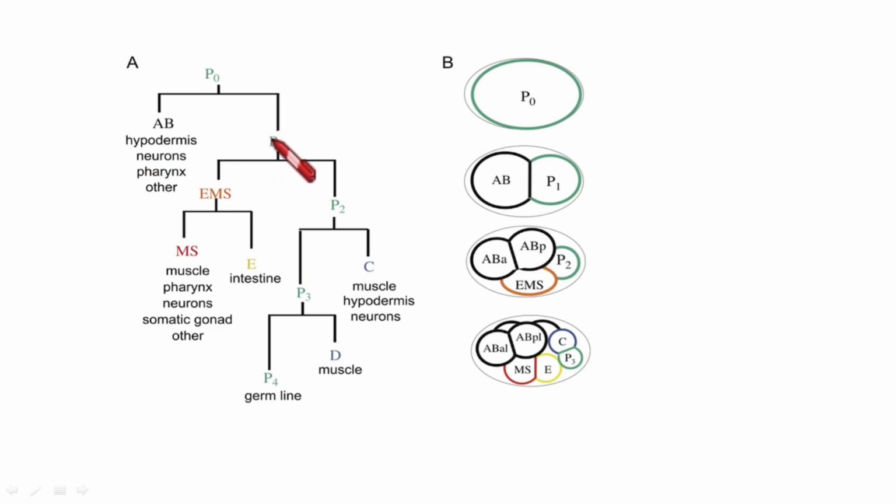This stem cell again divides and gives rise to another stem cell and another founder cell, and that founder cell is directed to become the cells of some other tissues, and this P2 again divides to give another stem cell and founder cell. In this way the entire process will proceed.